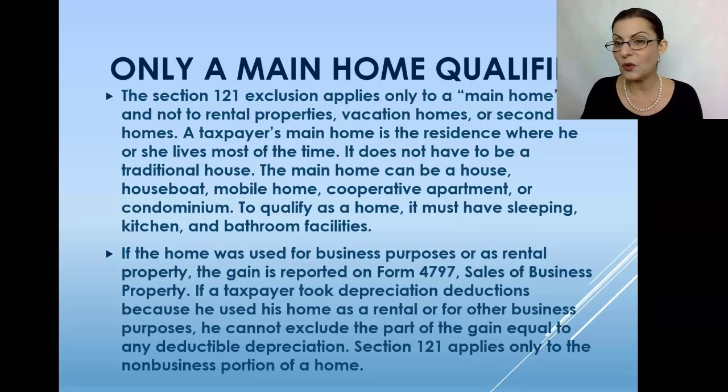They don't want to be landlords, or it's too much of a hassle or whatever. So there's a look back period where the taxpayer can still qualify. The taxpayer still has to meet the tests, and I'm going to go over what those are in a minute.